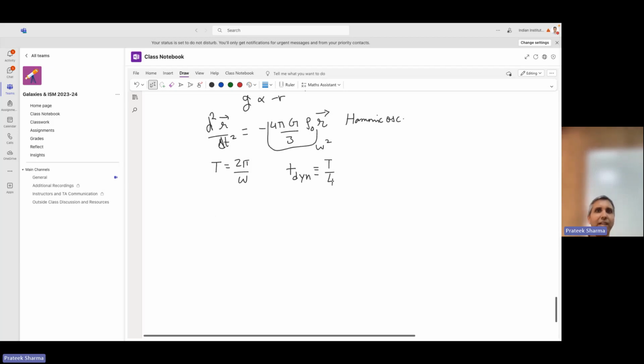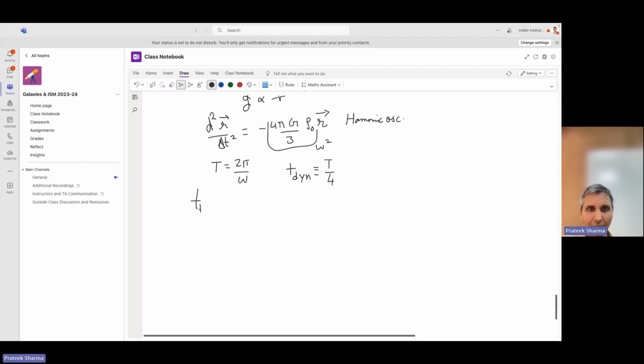The other thing here is that the time period is independent of amplitude, right? If you put a test particle far away, the gravitational acceleration is large. g is proportional to r, so it is pulled fast. So the time period is the same. It's independent of the initial perturbation r. So this is the dynamical time.